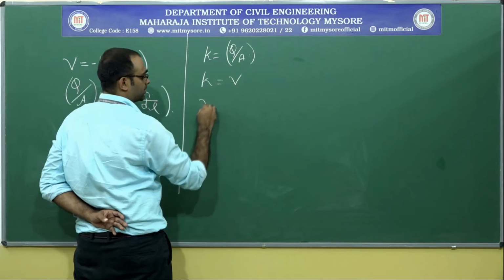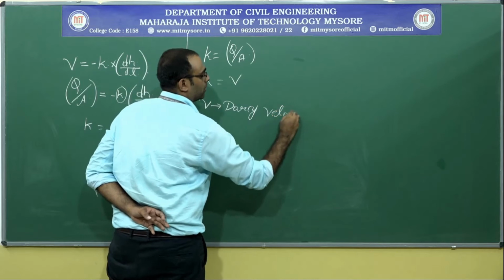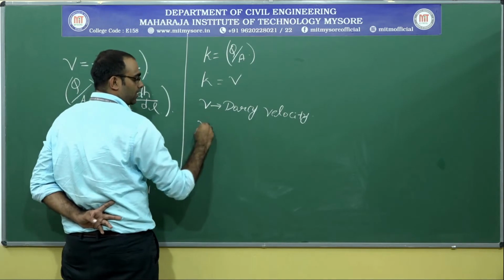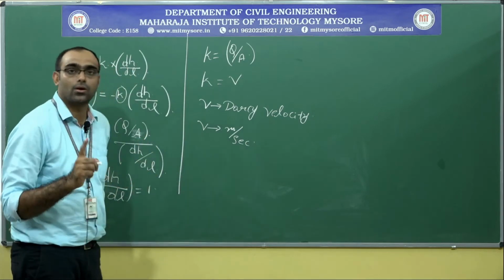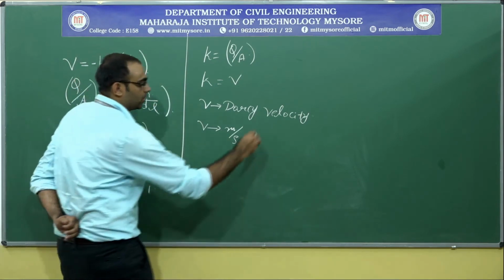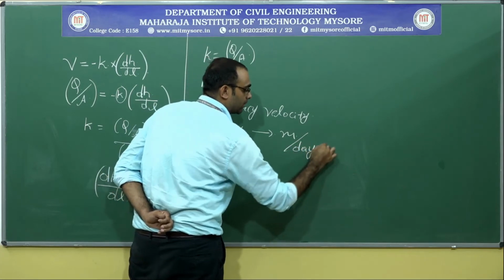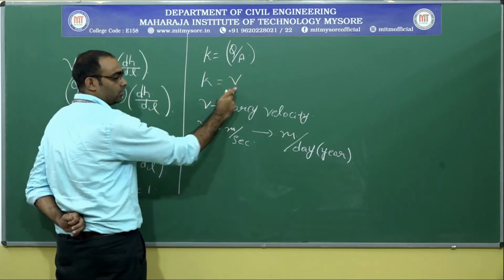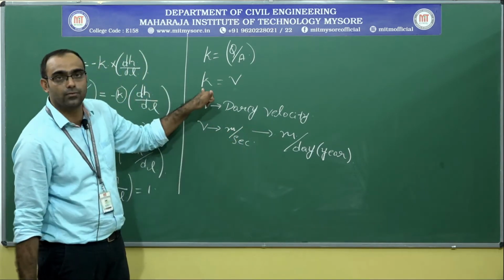V means Darcy velocity. Okay, what is the unit of velocity? The unit of velocity is meter per second, but in the case of groundwater, since the velocity of the groundwater is very less, you are going to express it in terms of meter per day or meter per year. So, if the groundwater's velocity's unit is meter per day, the same unit is applicable for what?